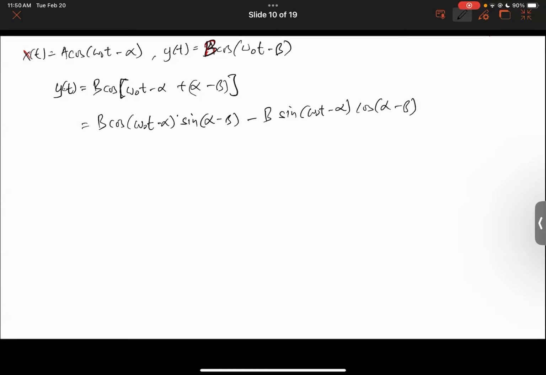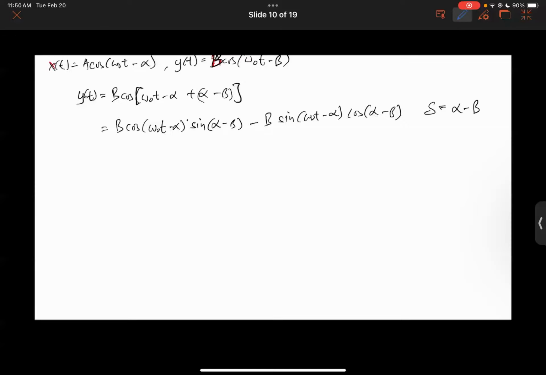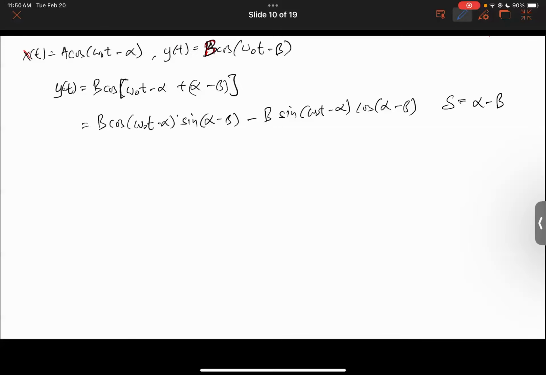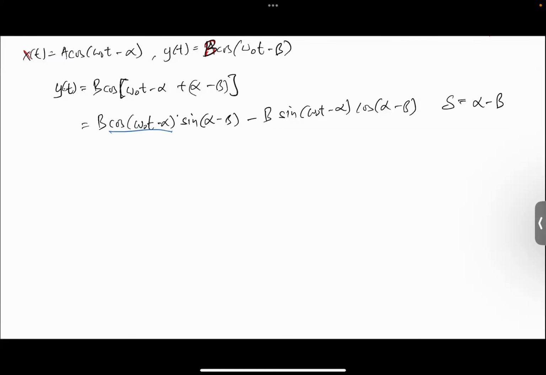If we let delta be equal to alpha minus beta, we also know that the cosine omega naught t term is just x over a. So this is x over a.